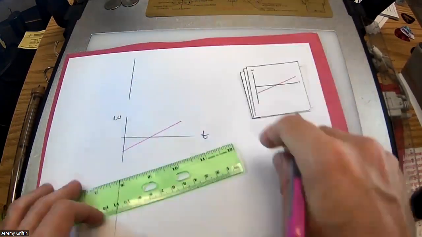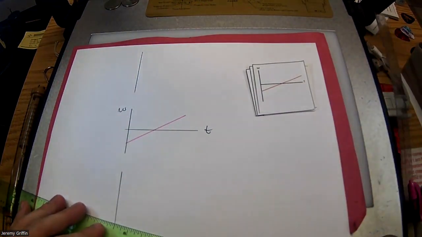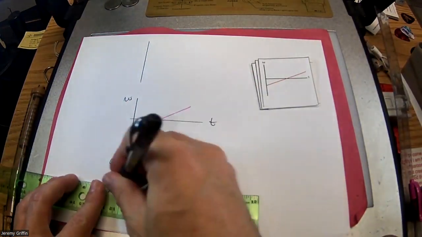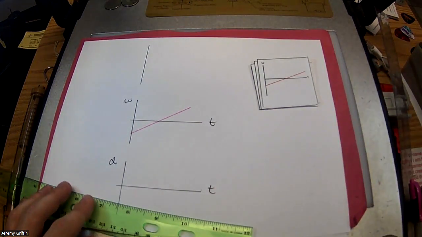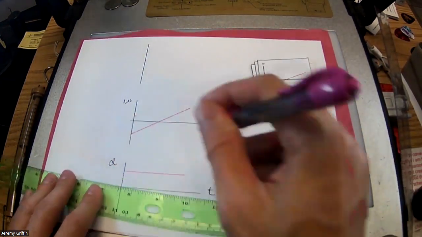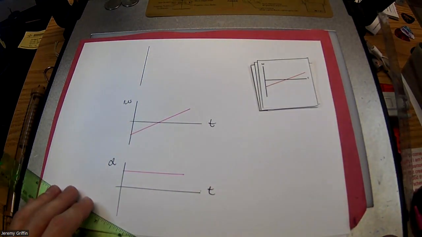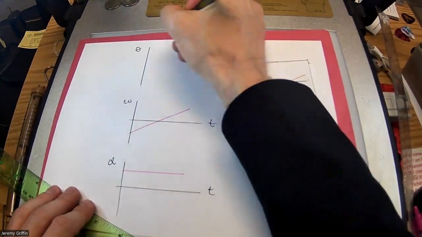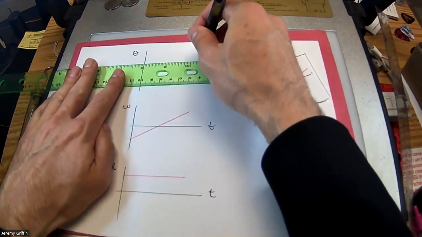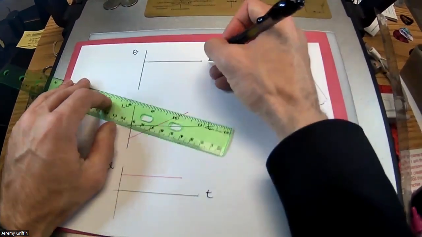So alpha versus t would have to be a positive constant value, just like that.